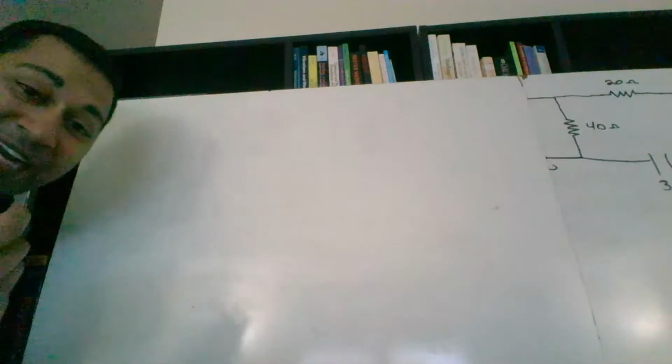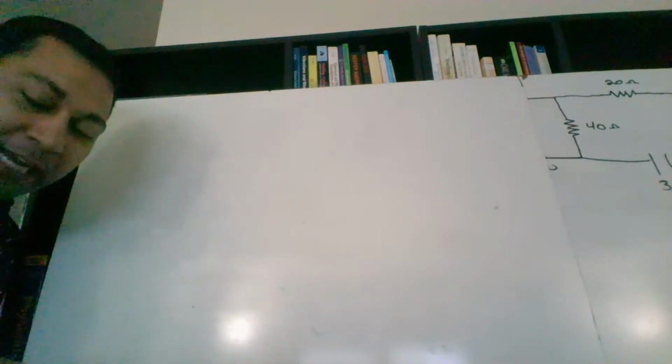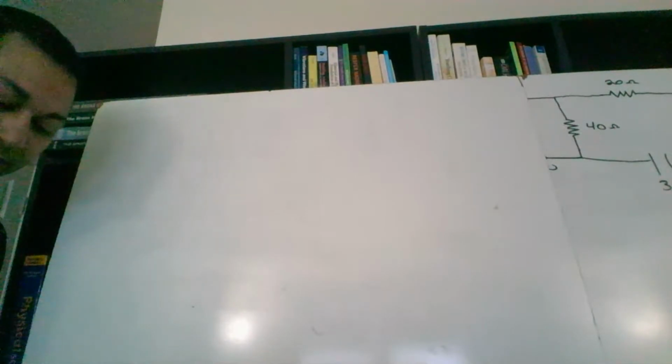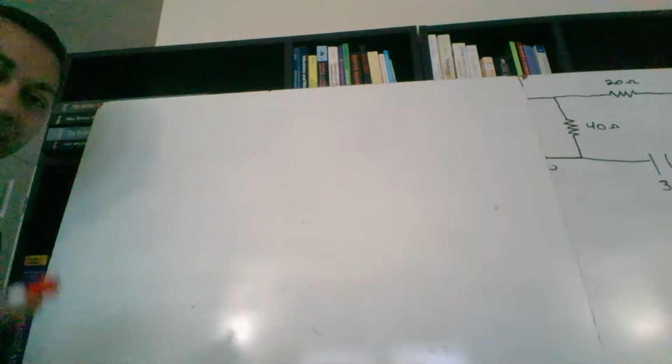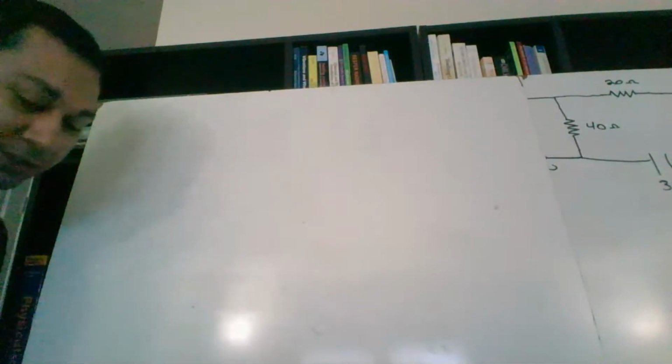The next thing to do is figure out what our Neper frequency is and what our natural frequency is. And we can then figure out what kind of damping we have. Do we have overdamped, critically damped, or underdamped? So let's do that.